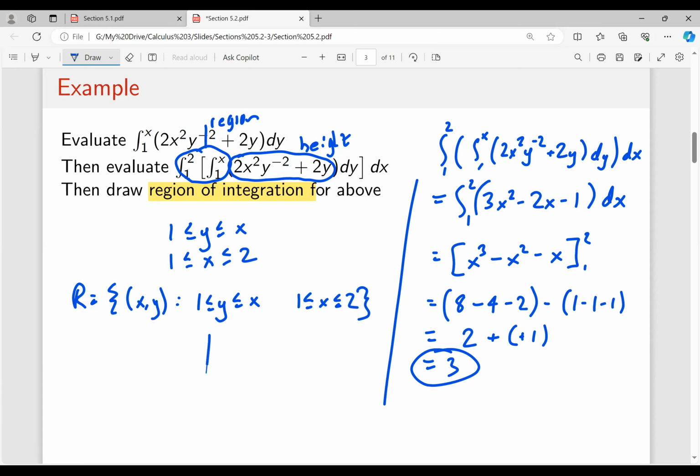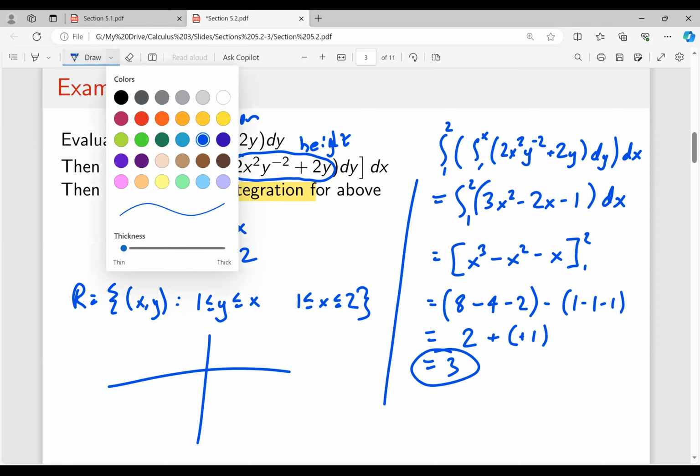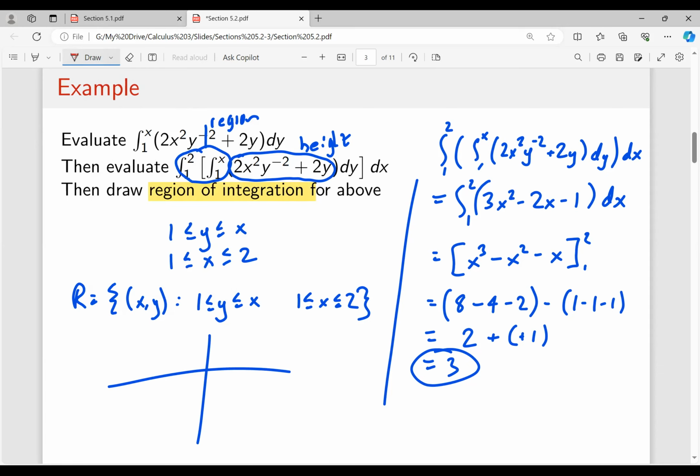Okay, so how would you draw this? You can draw it with 4 lines then. The lines, when y equals 1, let's draw with a different color here. So the line when y equals 1, let's make big tick marks.